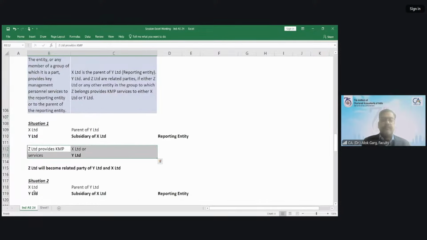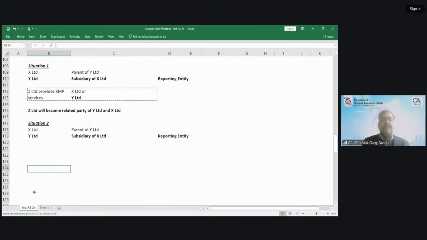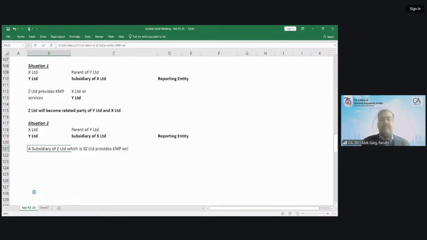Now a subsidiary of Z Limited, which is SZ Limited, provides KMP services to X Limited or Y Limited.